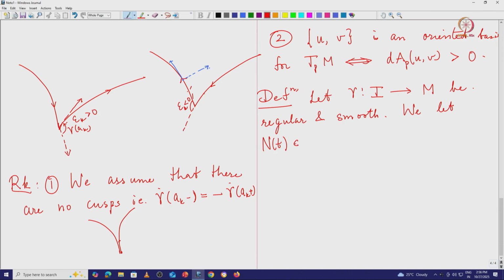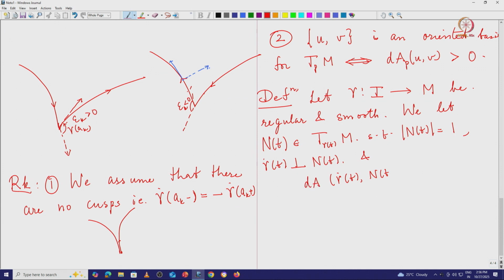So we define n of t to be the unique tangent vector to M at gamma of t such that n of t is a unit vector, n of t is perpendicular to gamma dot of t, and gamma dot and n form an oriented basis.